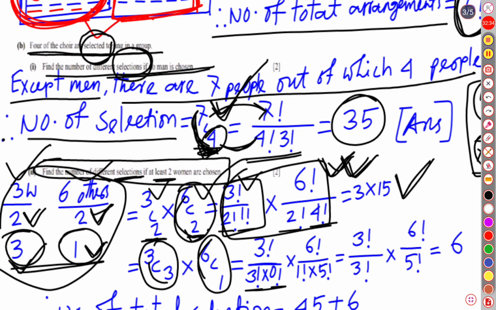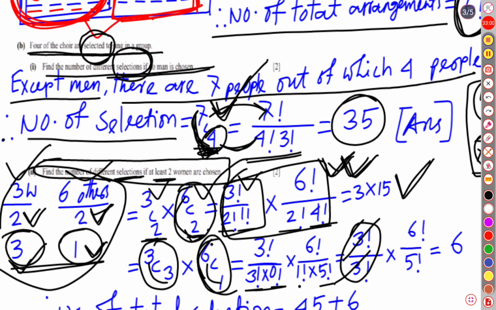In case of 6 choose 1, it is 6 factorial over 5 factorial and 1 factorial, since 6 minus 1 is 5. We have already come to know that 0 factorial means 1. So 3 factorial over 3 factorial means 1, they can be canceled with each other.